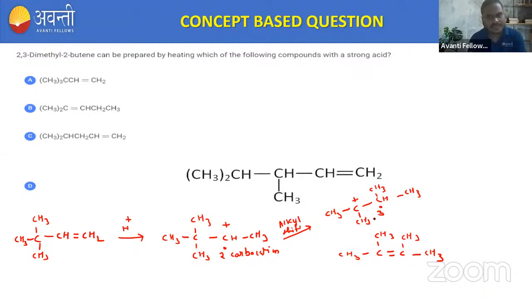So this will become a tertiary carbocation. हुआ क्या है? एक alkyl का shift हुआ यहाँ से यहाँ पे. ठीक है? Now this will become the carbocation. अब इसको आप जैसे ही H plus के साथ heat करोगे, so you'll get this product, right? CH3C, CH3, CH3, that is 2,3-dimethyl-2-butene. That is option A. So option A बिल्कुल correct है इसके लिए.